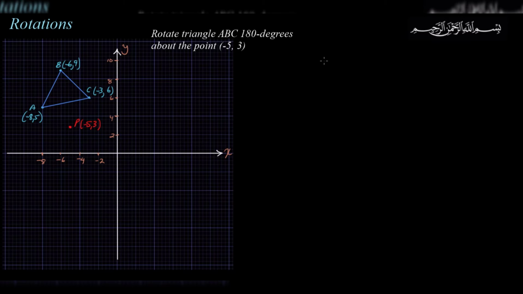For a 90 degree rotation, if you remember, you make the y negative and put that in place of the x. So you have -y, and then x takes the place of the y. That's how you do a 90 degree counterclockwise rotation. But that's about the origin.